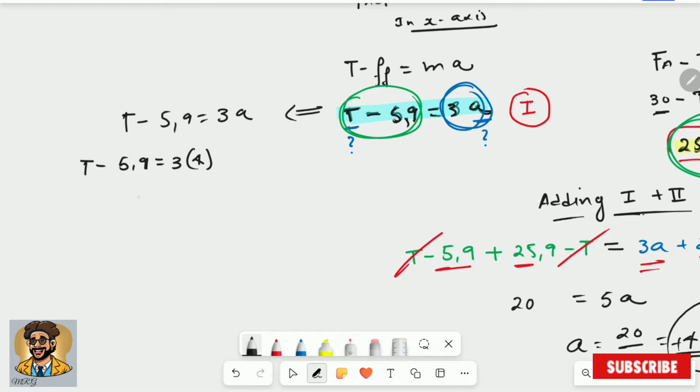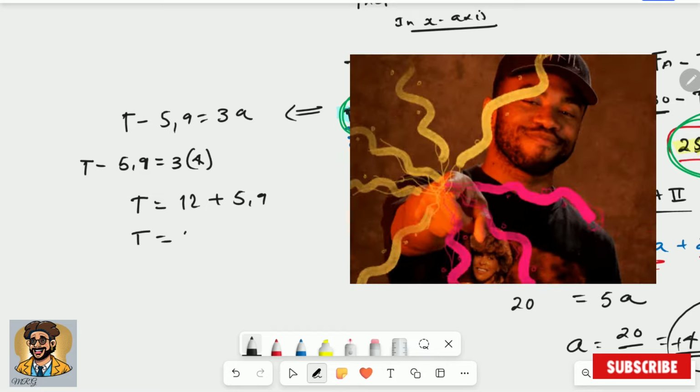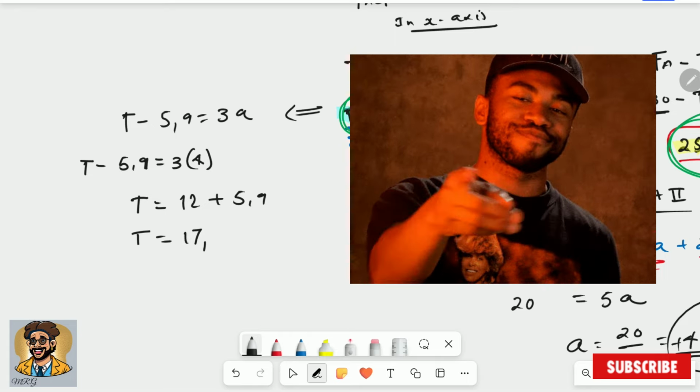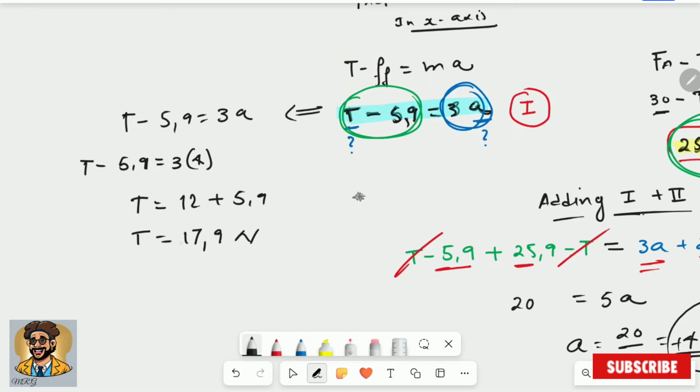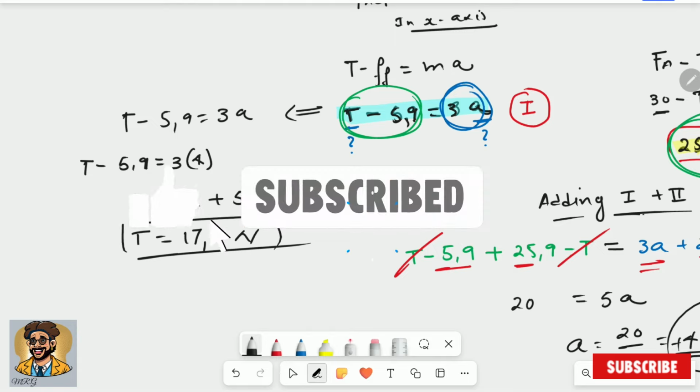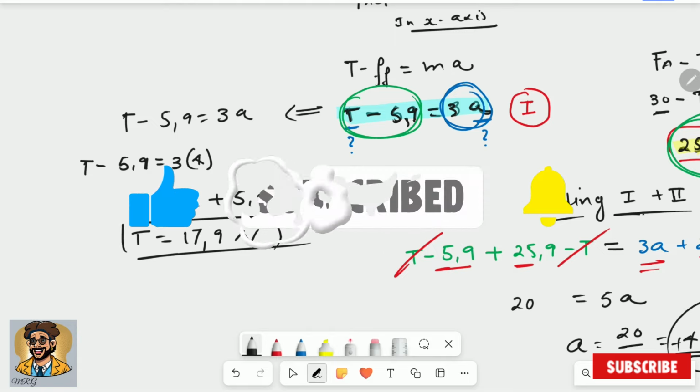Now please, your calculators. T is equal to 3 times 4, which is 12, plus 5.9. Then T is equal to 17.9 Newton. We are done. Any question there?